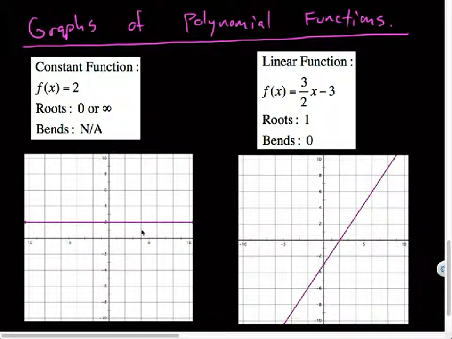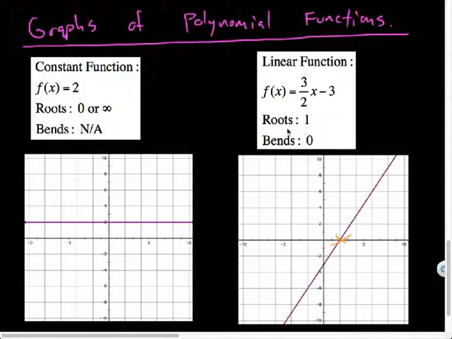So here, notice both of these do represent lines, but what I want to point out about the constant function is that the lines can only ever be horizontal. They always have a slope of 0. These linear functions are a little bit more interesting. Regarding the number of roots, there's one root, because it would cross the x-axis somewhere.